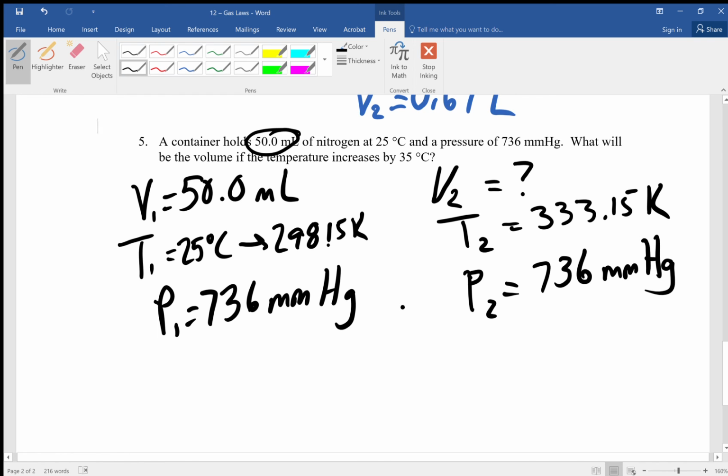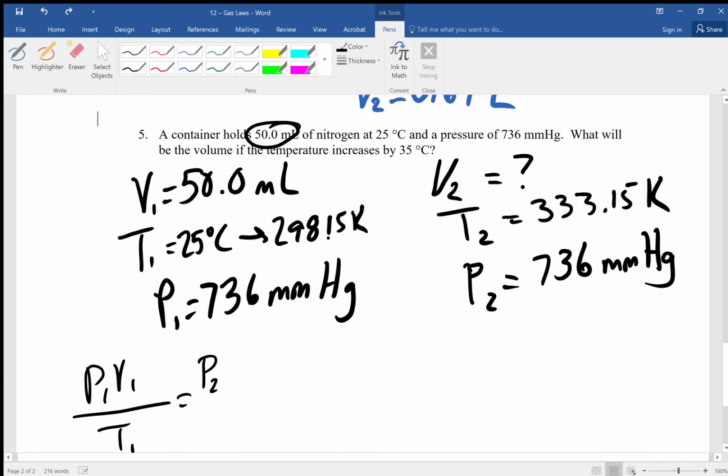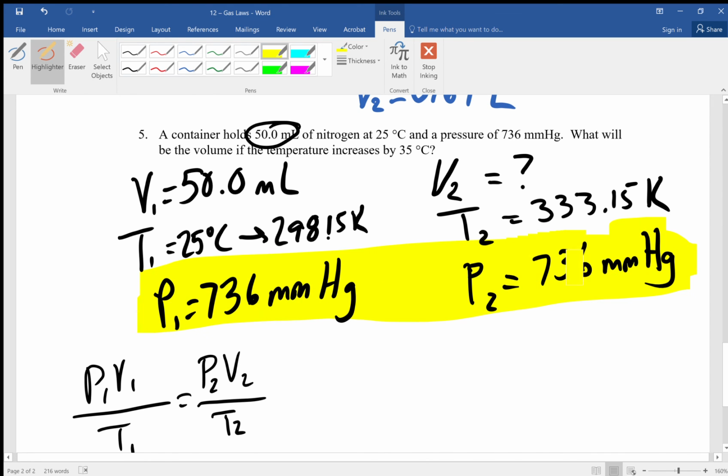So now you can approach the rest of this problem in one of two ways. You can do it as a combined gas law question. But you know that P1 and P2 are equal. And so that means P1 and P2 will cancel.